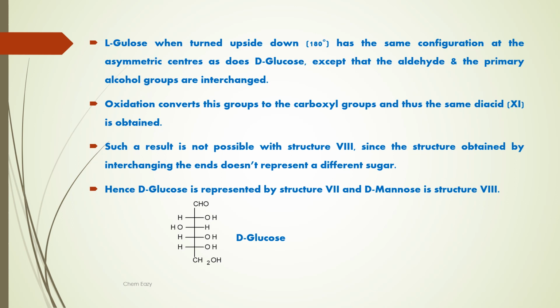Carbons 2, 4 and 5 have the hydroxyl group on the right side and carbon 3 has the hydroxyl group on the left side, with the primary alcohol group and the aldehyde group at the ends of the chain. There are no branches, it's a consecutive unbranched chain.